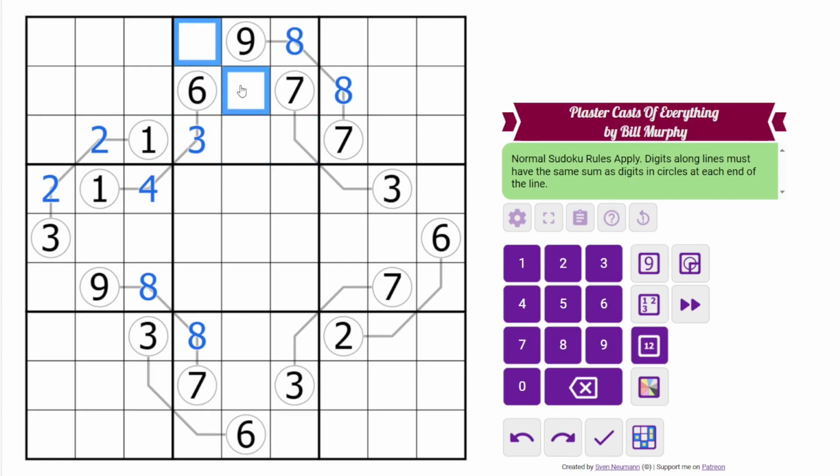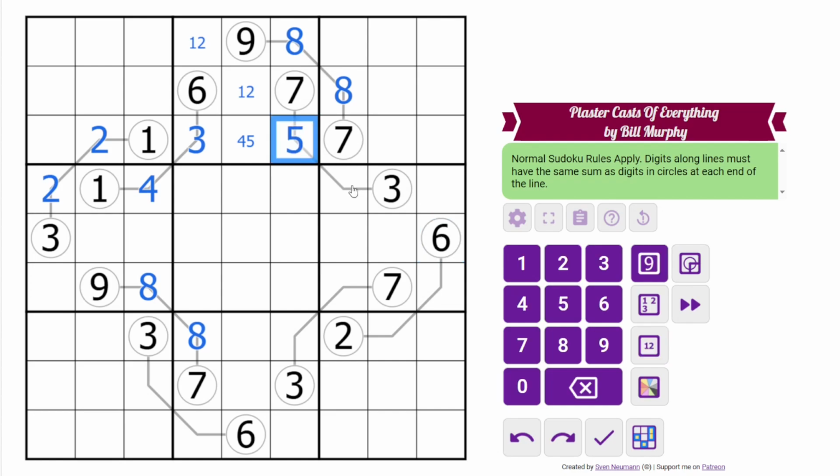Now these can't be 1 or 2, so this must be a 1, 2 pair. This is 4, 5 pair. And now this sums to 10, so we need 10 here. 4 would need 6, but there's a 6 in the box, so this is 5, 5. We can't have 8 in those cells, so that's an 8. These are 6 and 9, that's resolved.